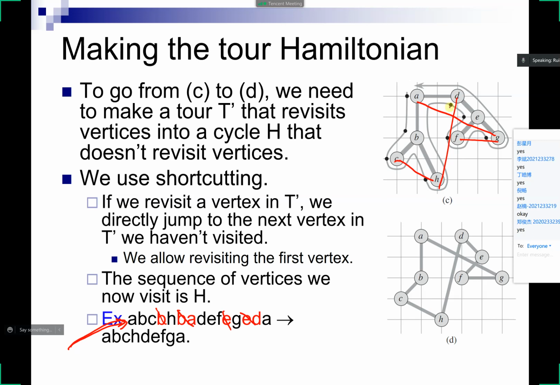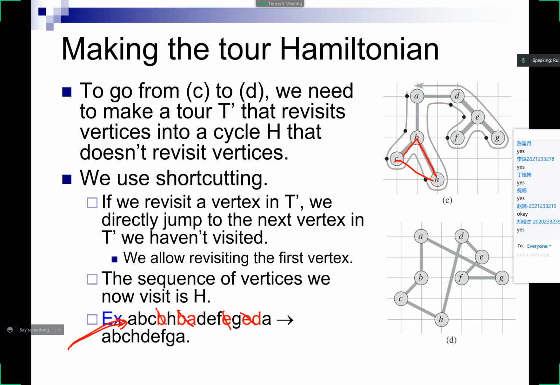The reason this is true is because let's just look at one shortcut. For example, when you shortcut directly from C to H. Originally in the DFS, you go from C to B to H, and now you go directly from C to H. This is where we use the metric assumption.